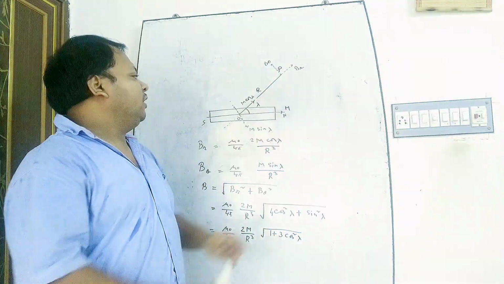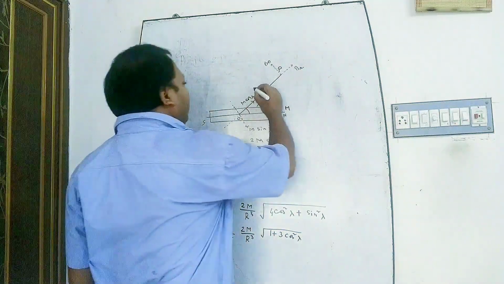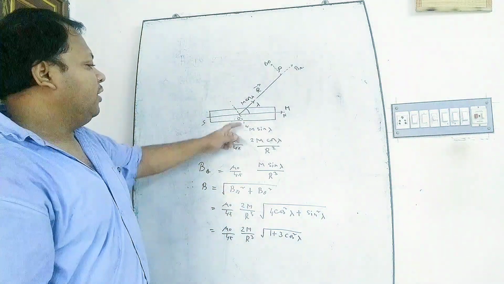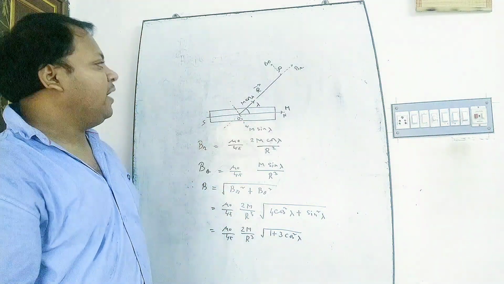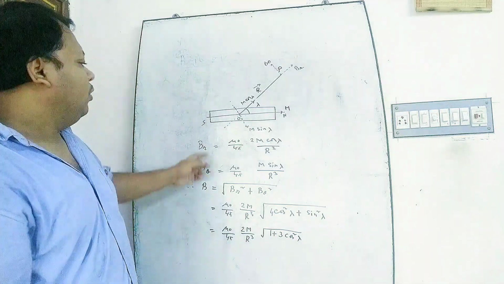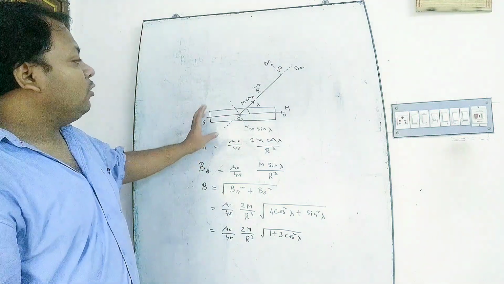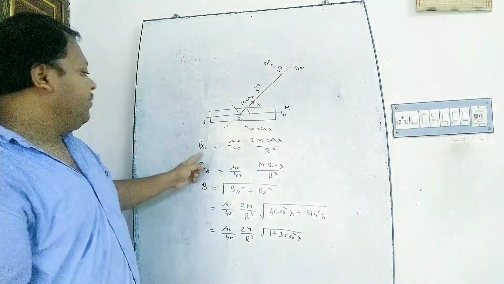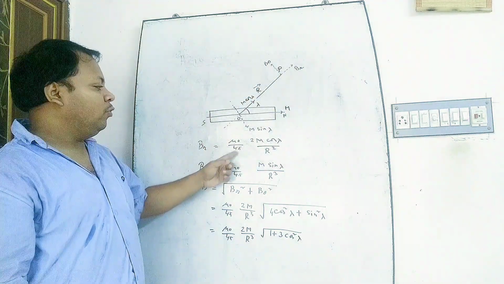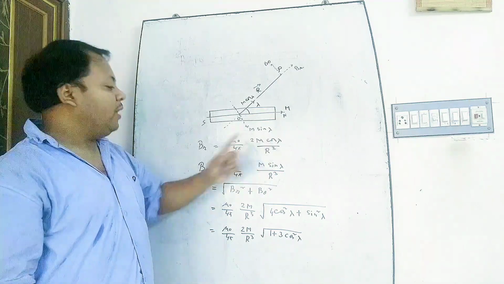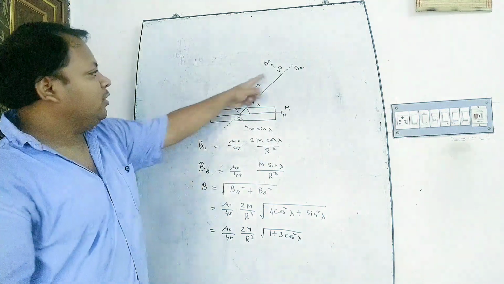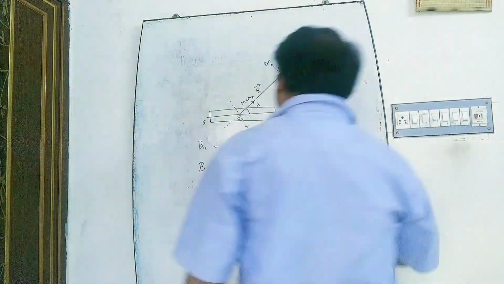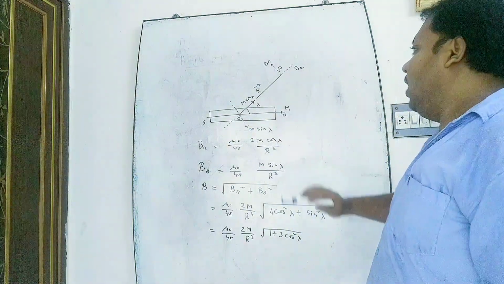Along the r direction it is M cos lambda, and along the theta direction it is M sin lambda. Now the intensity of magnetic field at the point P along the r direction is Br equal to mu0 by 4 pi 2M cos lambda by r cube, and along the theta direction, that is normal to Br, it is M sin lambda by r cube.